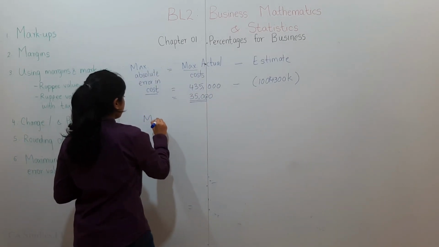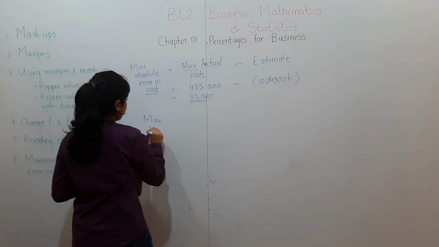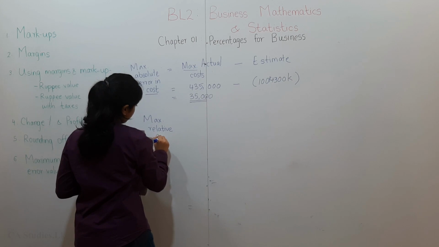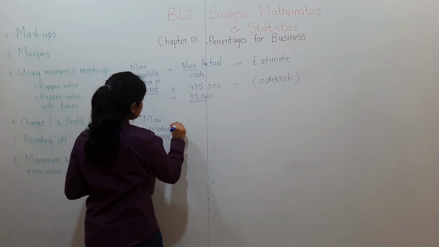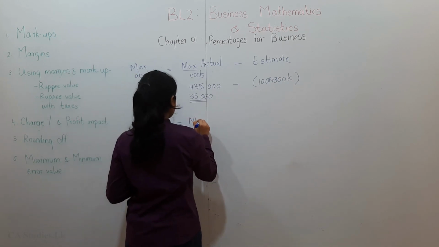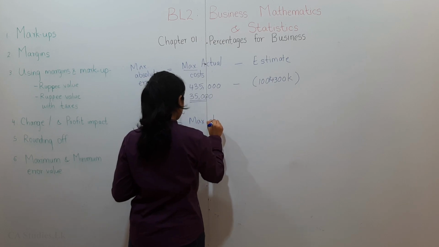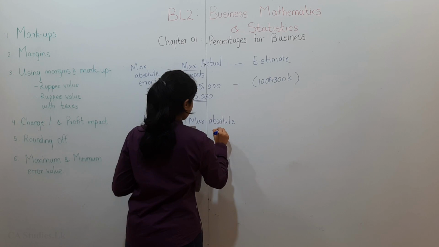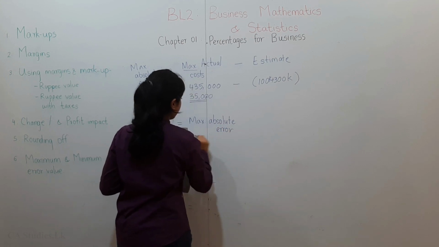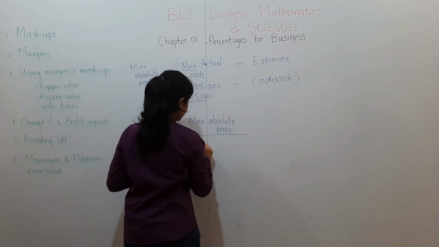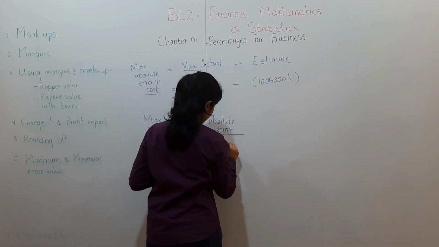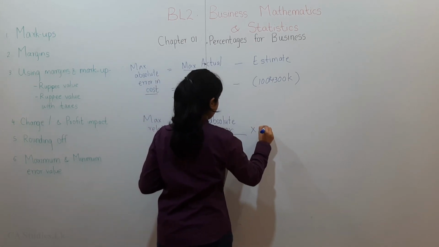Maximum relative error equals maximum absolute error divided by estimate into 100.